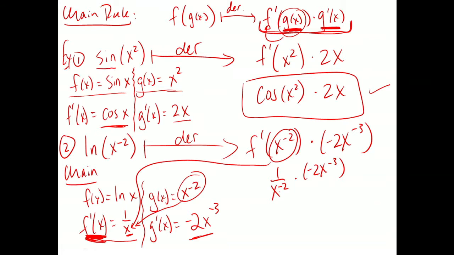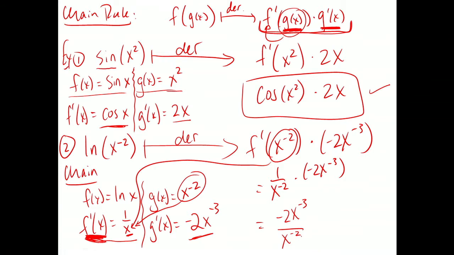Oh, there it is. Okay, now in this problem I can actually simplify a little bit here because I actually have a fraction here, right? This is just a big fraction. So on the top of the fraction I have negative 2 and x to the negative 3. And on the bottom, I have x to the negative 2. Well, negative exponents, remember, how do I deal with negative exponents?